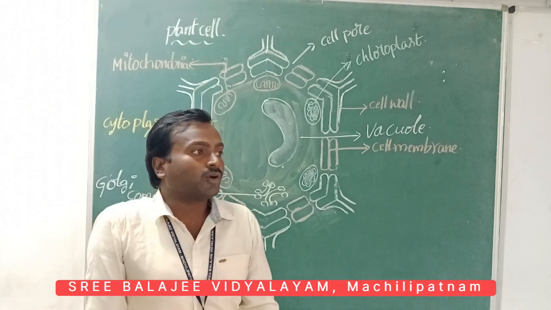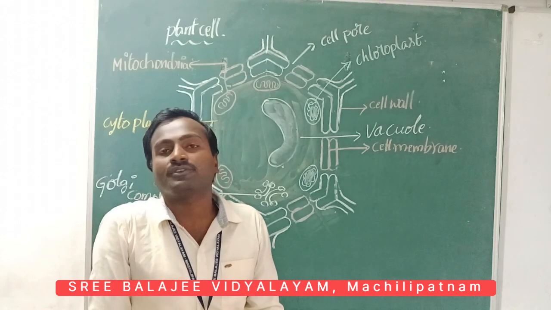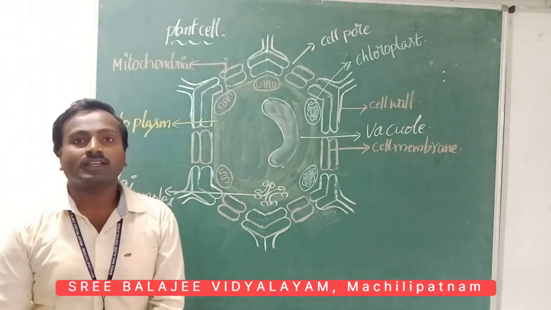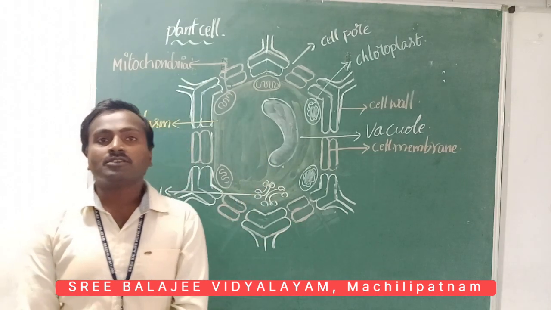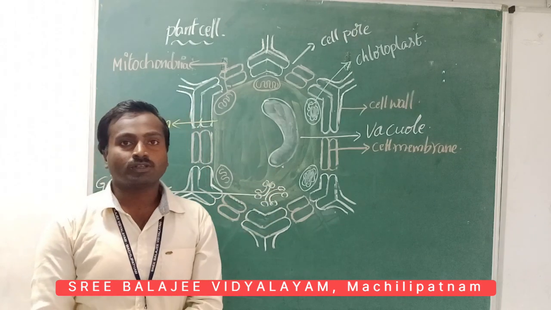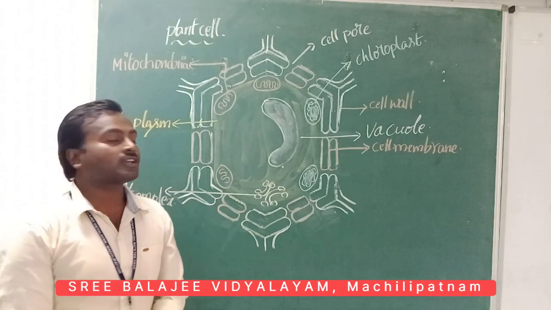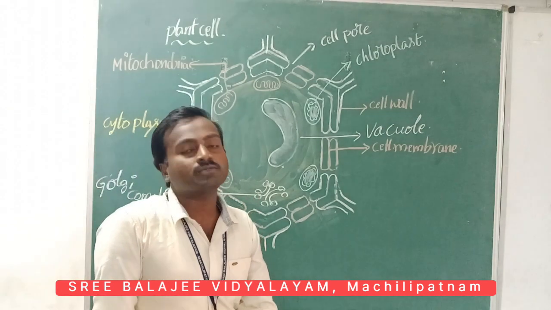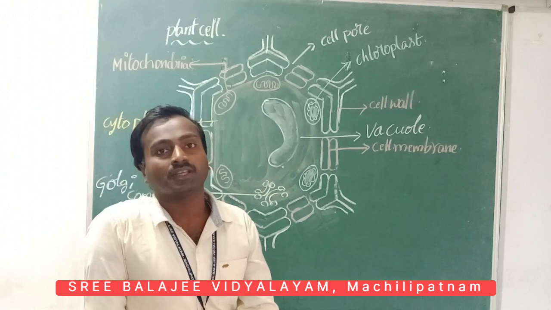In some plant bodies, it is useful for the storage of waste materials also. The vacuole size gradually increases as the plant matures. In small plants, we can see small-sized vacuoles. In mature plants, we can see large-sized vacuoles. In the animal body also we can see vacuoles, but these are very tiny in nature.